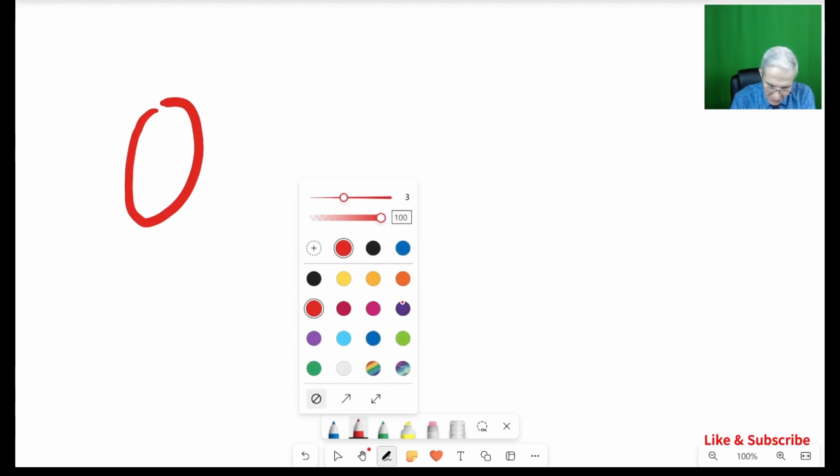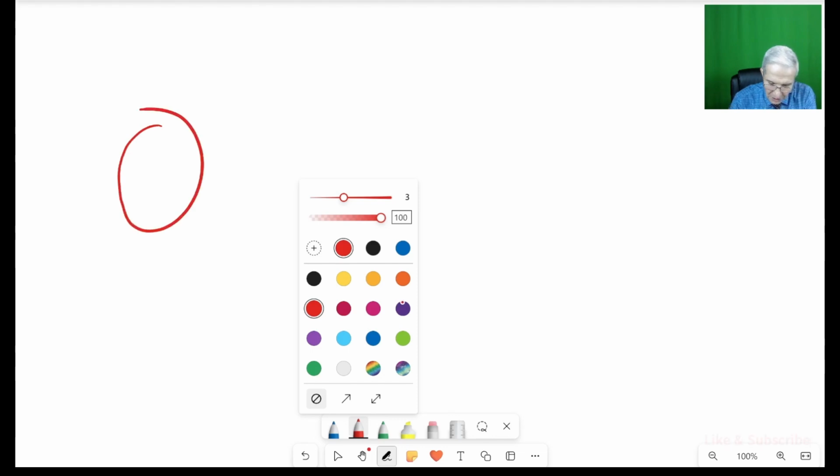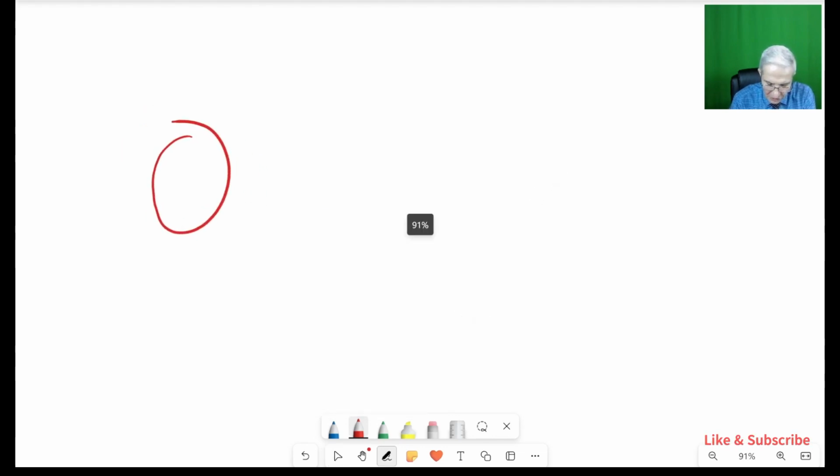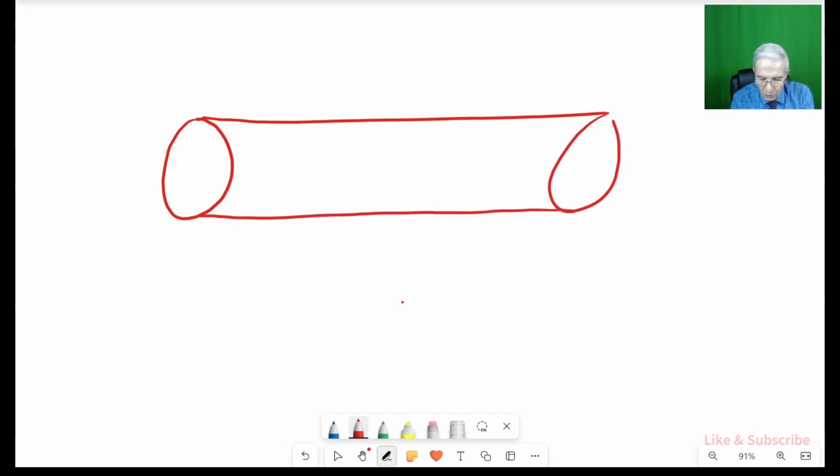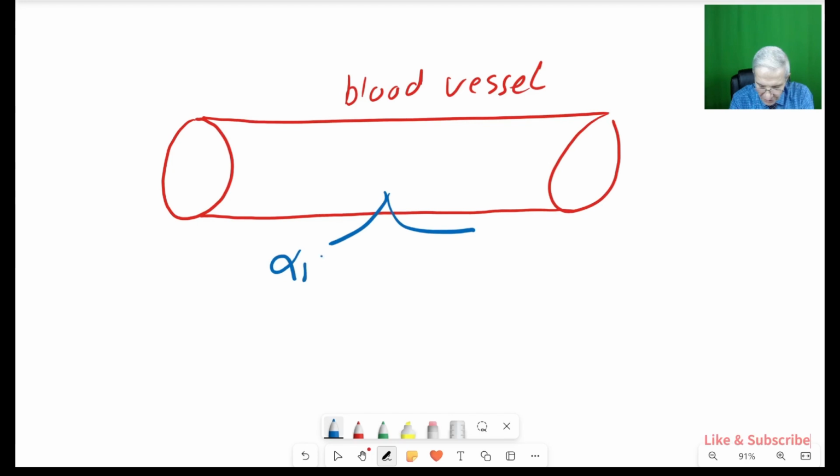This is the blood vessels. We have two main types of receptor: alpha 1 receptor, and beta 2 receptor. This is what we have in reality in the blood vessels.